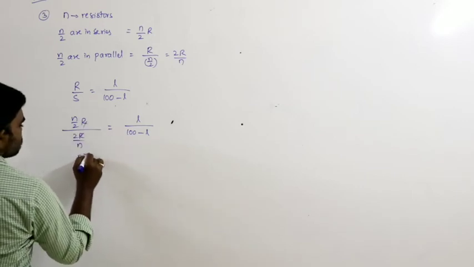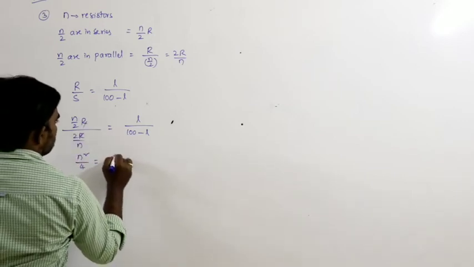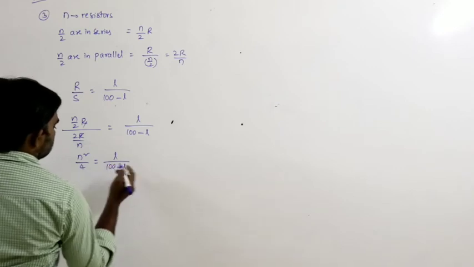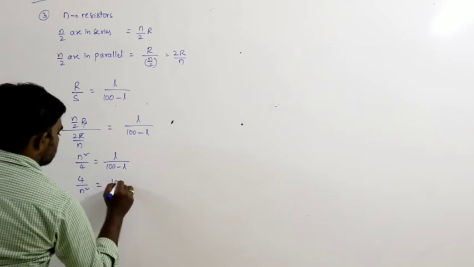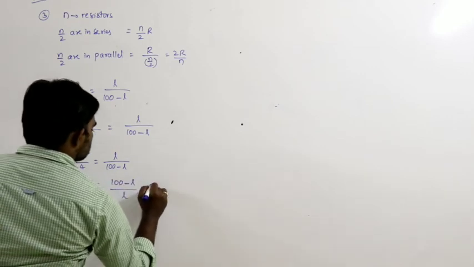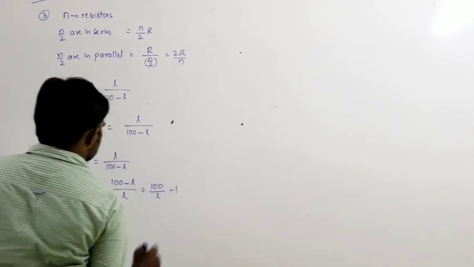R R gets cancelled, N square by 4 is equals to L by 100 minus L. Reverse, 4 by N square is equals to 100 minus L by L. So that is 100 by L minus 1.